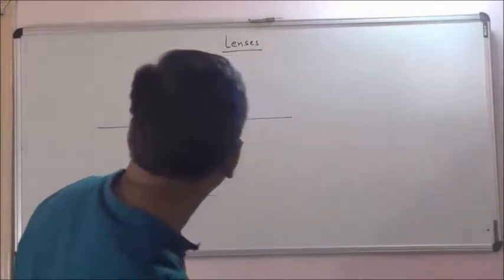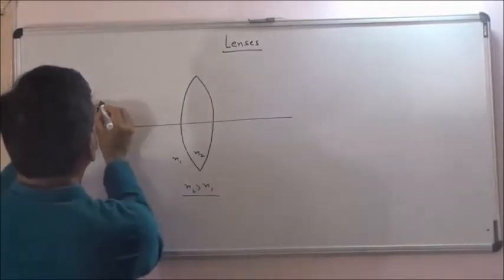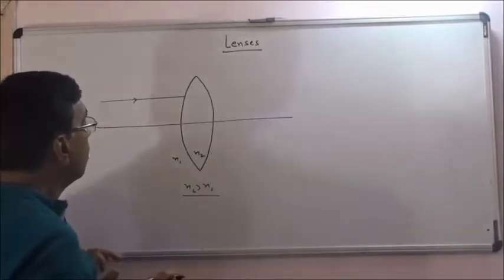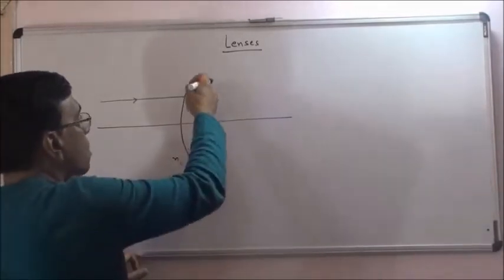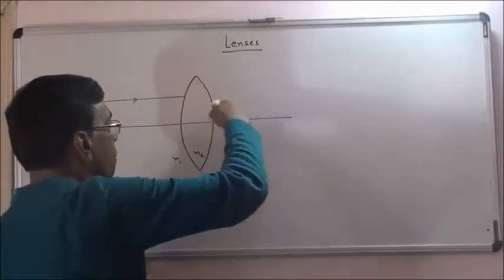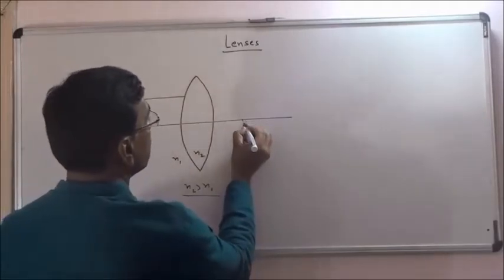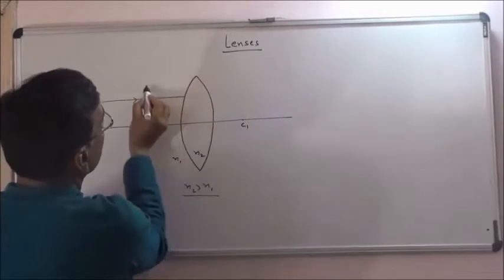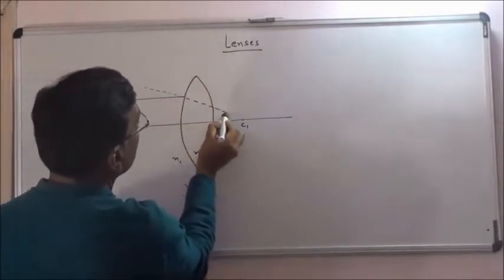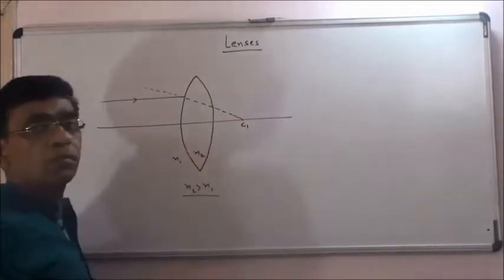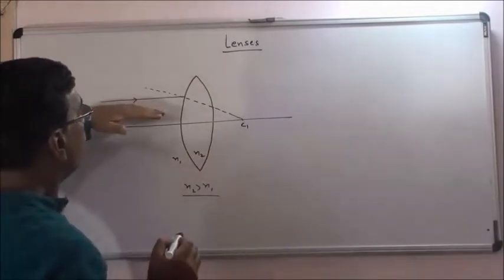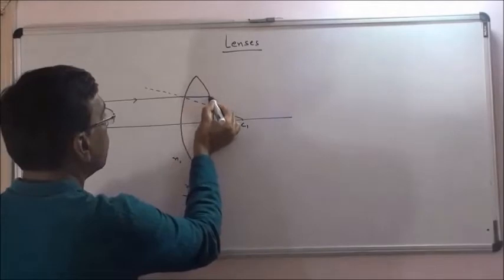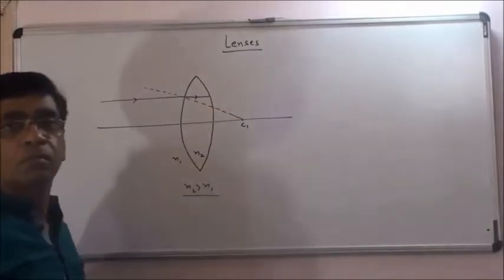So if I take a light ray here, now this is a curved surface, so it will have some center of curvature. Let me say it C1 for this surface. So I may draw a normal like this. The light ray is moving from rare to denser, so it comes closer. Let me take like this.